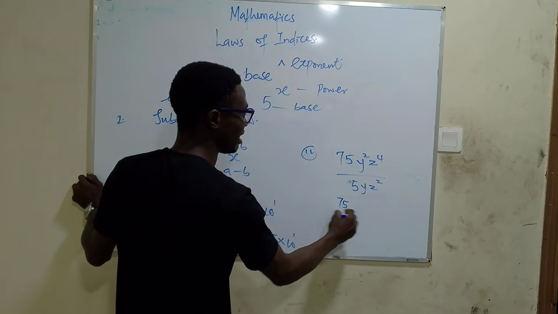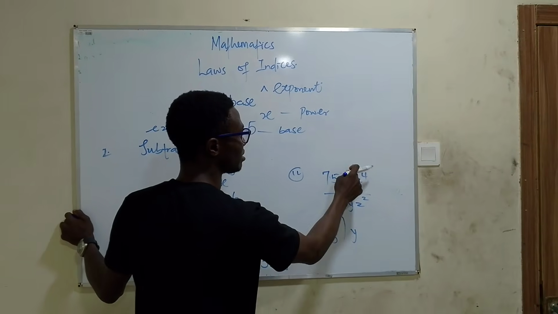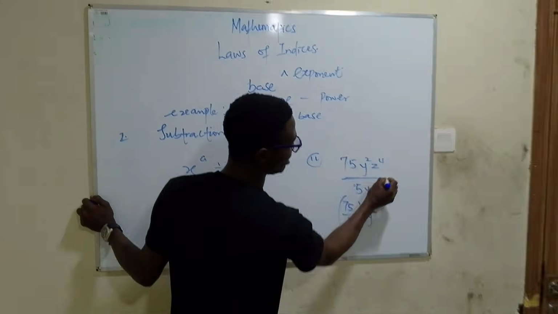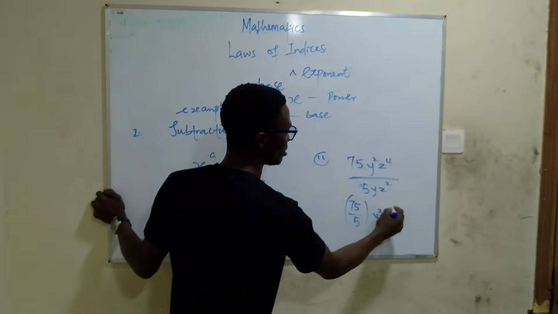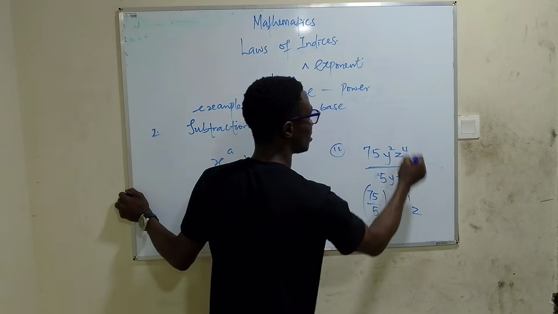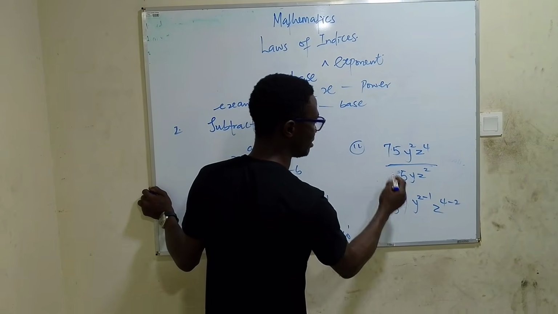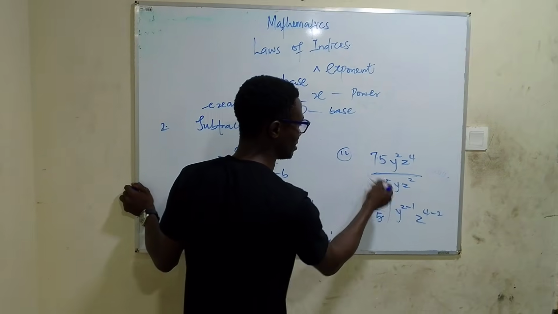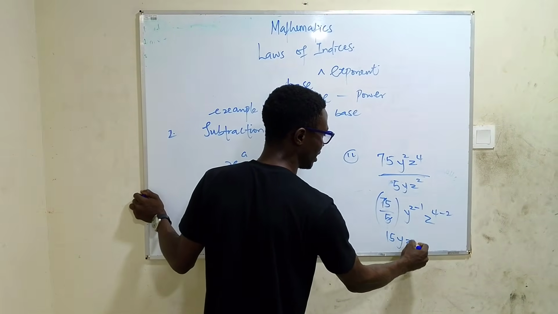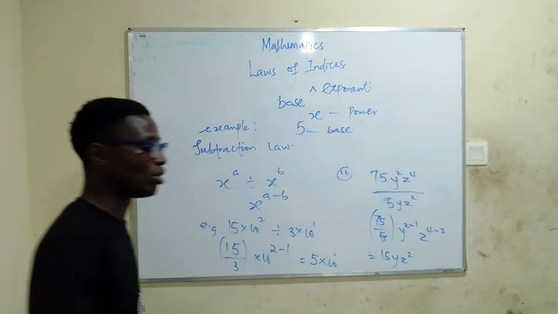So 75 divided by 5, then y with power 2 minus 1, and z with power 4 minus 2. That gives 15 y z to the power of 2. That's the subtraction law.